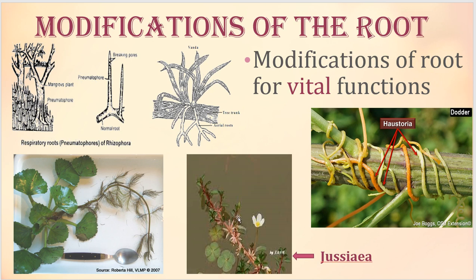These floating roots also do respiration and are responsible for gaseous exchange too. These floating roots are otherwise termed breathing roots or respiratory roots. So floating roots, respiratory roots, or breathing roots are found in Jussiaea.